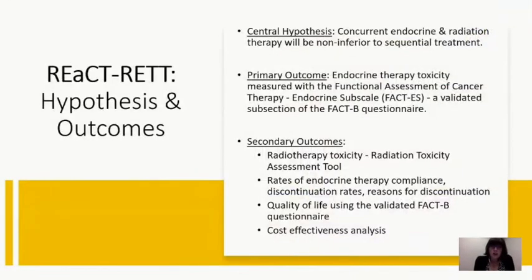In the case of our study, REACT-RET, which was looking at the timing of endocrine and radiation therapy in early stage breast cancer, our central hypothesis here was that concurrent endocrine and radiation therapy would be non-inferior to sequential treatment. The primary outcome we chose was endocrine therapy toxicity.